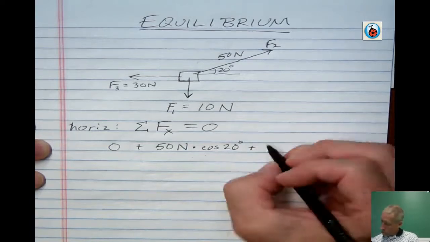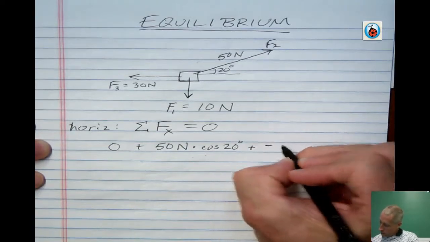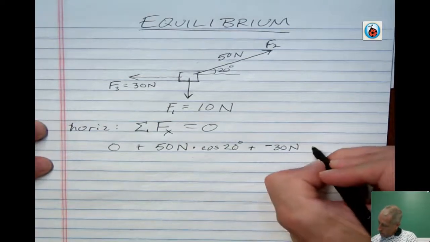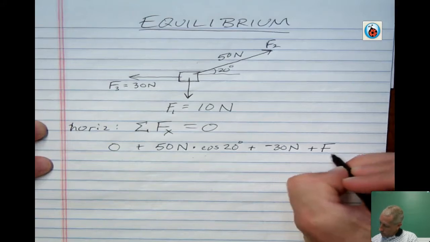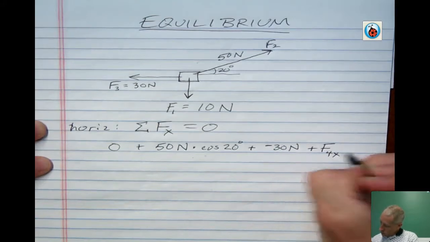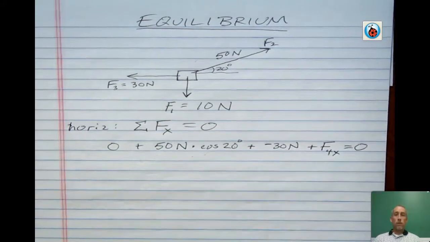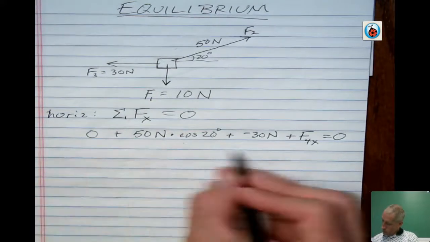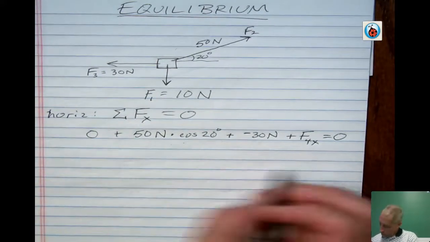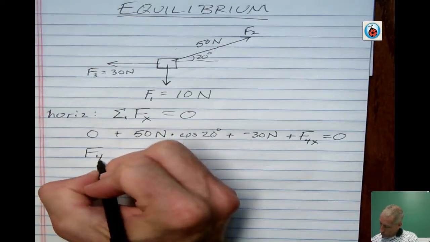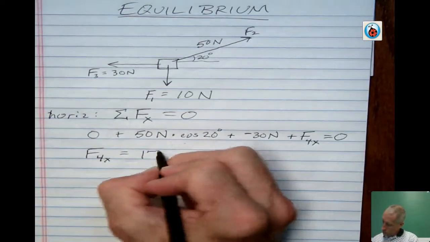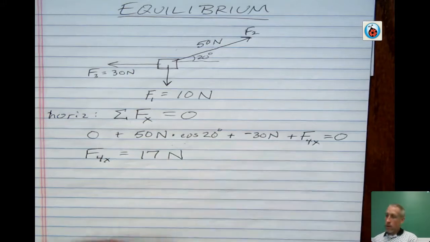I'm going to call that the negative x direction, so I'll add a negative 30 newtons. And then my unknown force, F4, whatever its x component is, that's the one that I need to add to total up to be 0. So if we do the math, and I've done the math previously for this, you'll solve for F4 in the x direction, and you'll get about 17 newtons. I'm rounding a little bit.